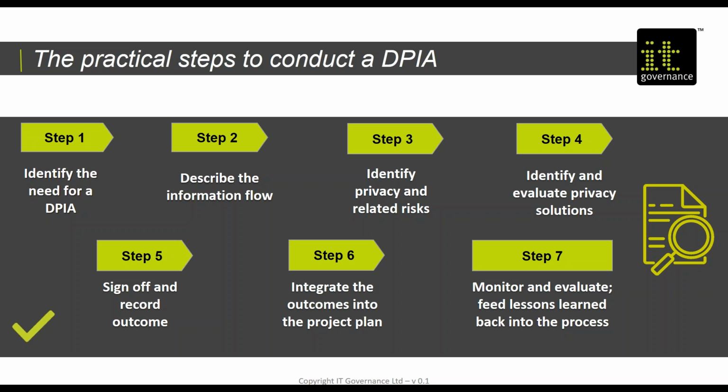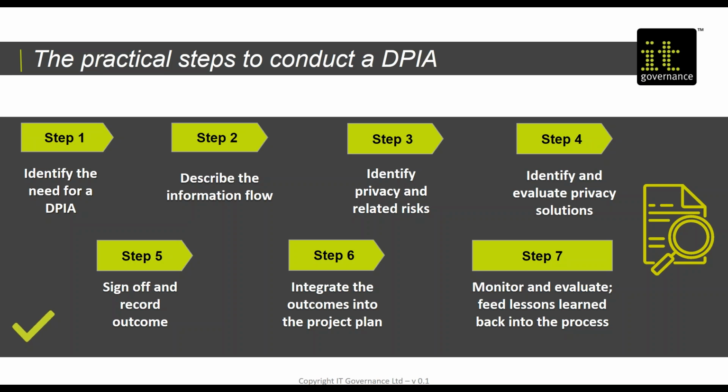Remember, a DPIA is essentially a paper exercise carried out usually before you do anything, and then you sign off and record the outcome. This is what we've decided, this is the measures we're going to put in place. You get senior management to sign that off and say, yes, that's all appropriate, that meets our requirements, and those requirements then go into the project plan.